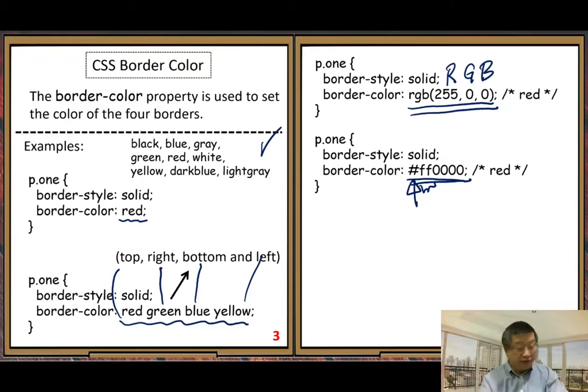Remember, F in hexadecimal corresponds to 15. Its digit position is the 16s position, so that corresponds to 16, right? Plus the single digit position, and that gives the value 255. So that's the first component.